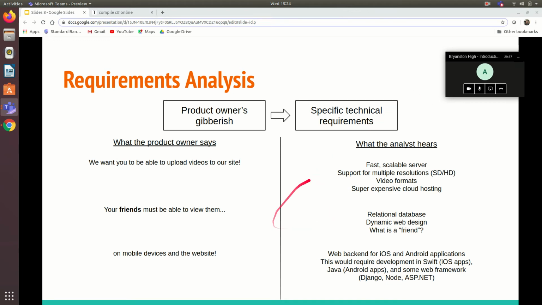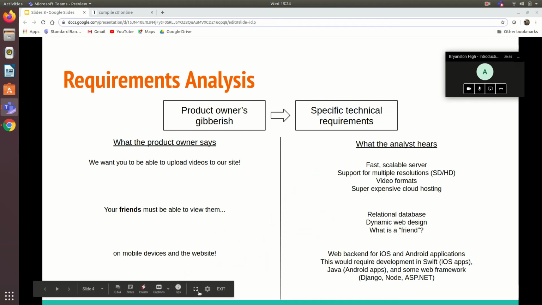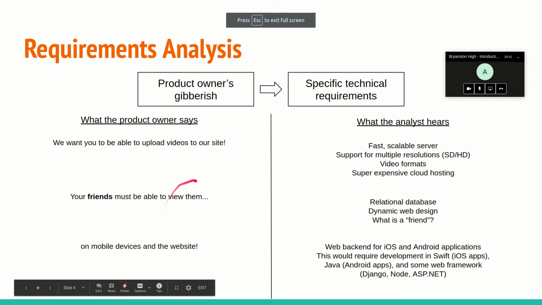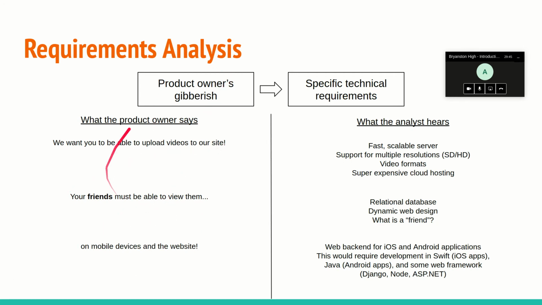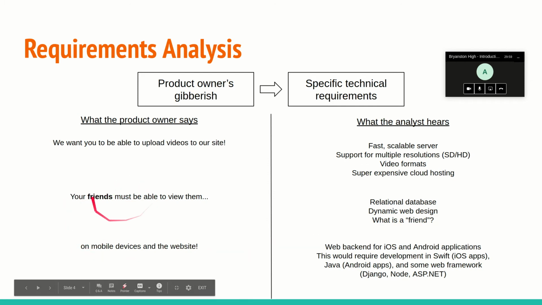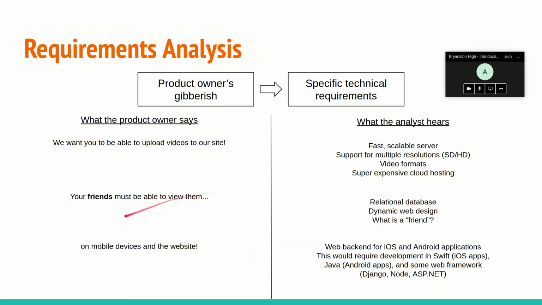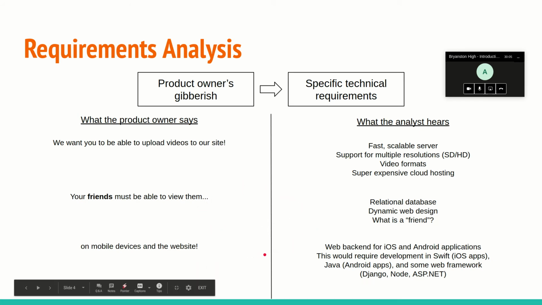You can see that this is quite a difficult task, because you have to take what the product owner is saying, understand their vision, and translate it into something that will allow a developer to actually create what they're suggesting. It's very difficult to translate between these two things. So that's what I want to show you guys with this little example here.